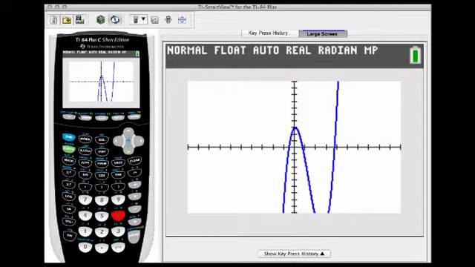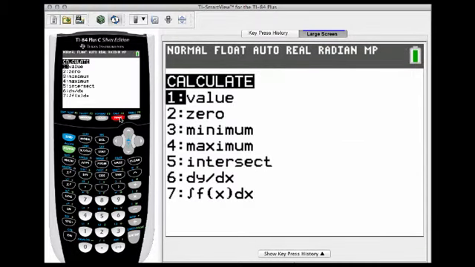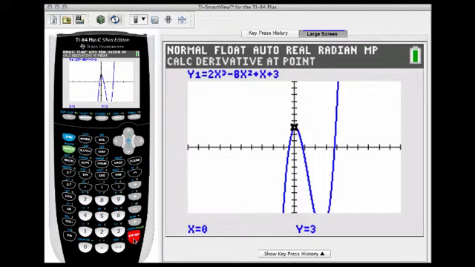Hit second and trace. You'll notice it says Calc, and I'm sure you're familiar with a lot of these functions. We want the one down at number 6, dy/dx.